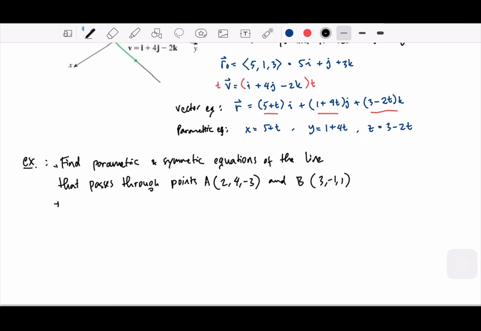And the second follow-up question: at what point does this line intersect the xy plane?